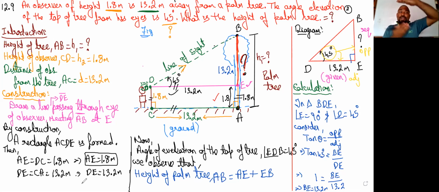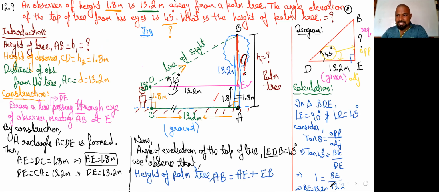But we have to know the entire height of the tree. The bottom part we already know, and the top part is the one we got now. So let's join both the parts and figure it out. What's the total value? For that, let's go to the second screen. Height of the tree, AB, this is the vertical part.